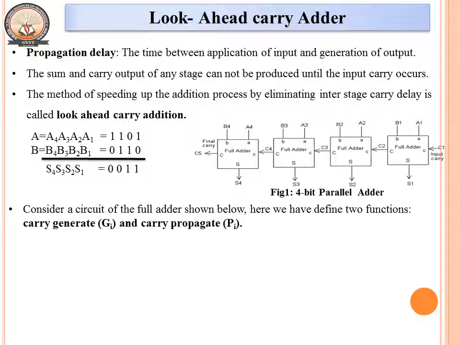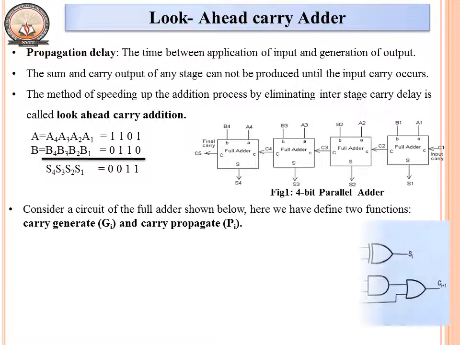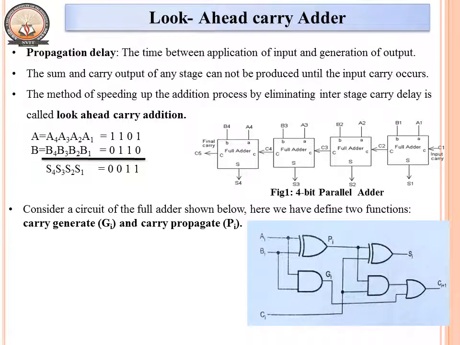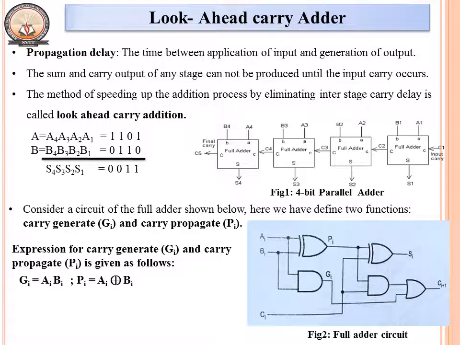Here we are using the same circuit that we use in a full adder, and we are introducing two new terms, that is carry generate and carry propagate, as shown in the diagram. From the diagram you can easily see Pi is carry propagate, Gi is carry generate. So Pi will be equal to Ai XOR Bi, Gi will be equal to Ai dot Bi.